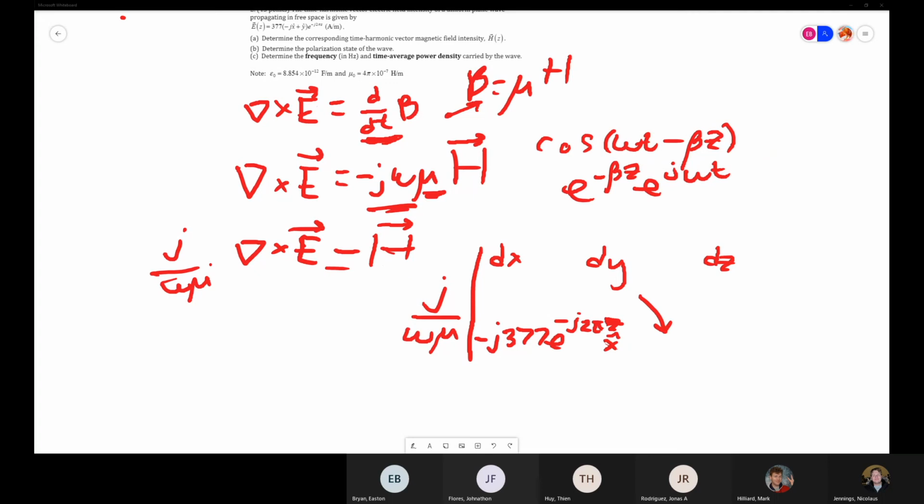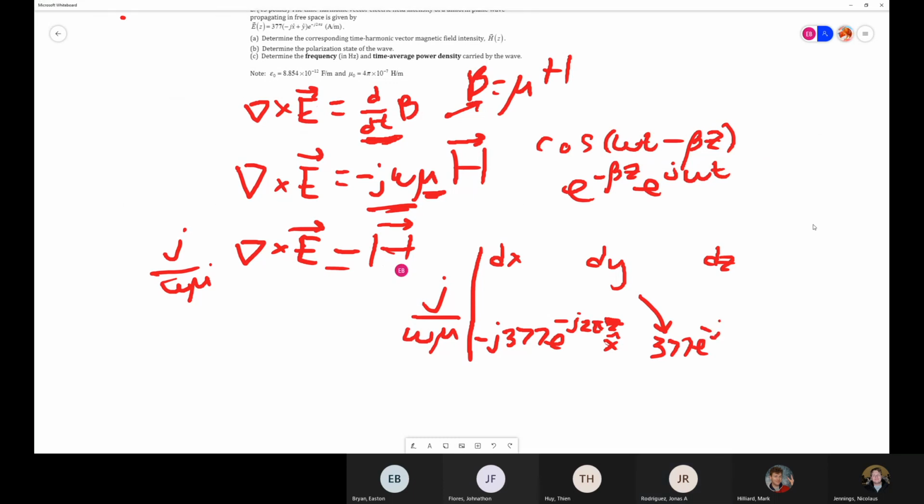And then for y, you're just taking the y component, and it has no j, so it's just 377 e to the negative j2 pi z, and then the z component is 0.